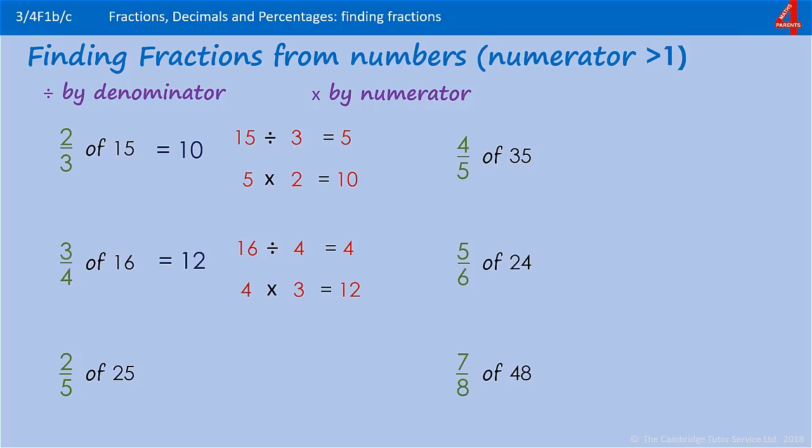2/5 of 25. I'm going to divide 25 by the denominator and then multiply the answer by the numerator. 25 divided by 5 is 5.